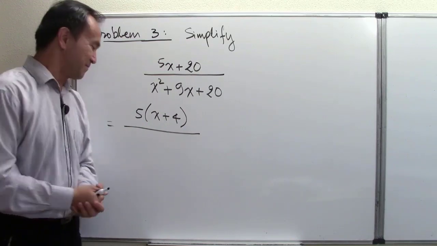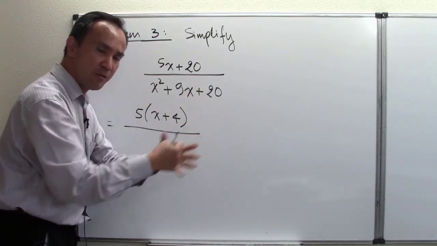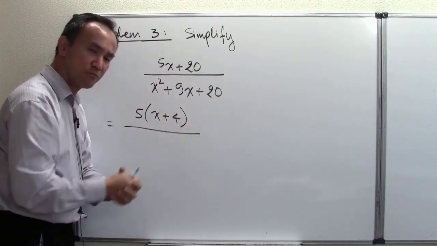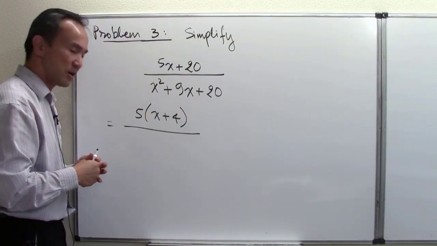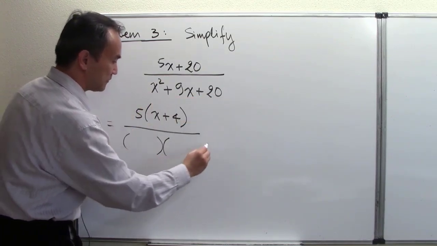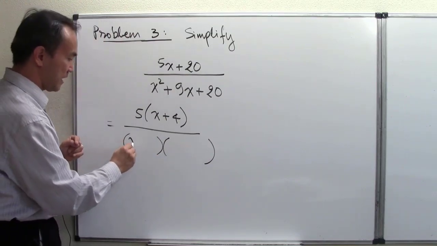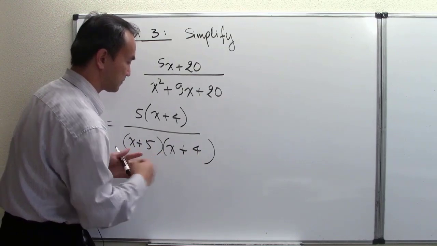All right. Now x squared plus 9x plus 20, another polynomial expression. Let's bring in our skill from the previous lesson about how we can factor this particular polynomial. So that brings us to the factor product of x plus 5 times x plus 4.